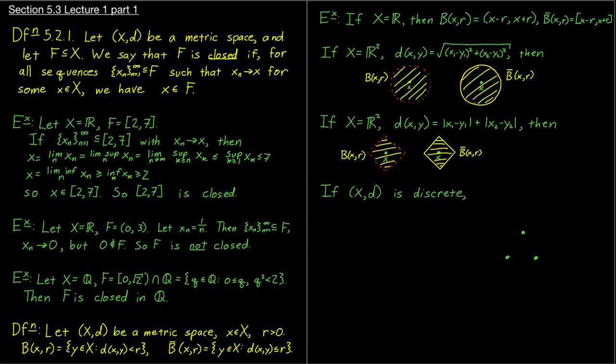Then a ball centered at this point of radius r is everything that's a distance less than r from this point. And you'll notice that if r is small, that's just this point. And if r is big, it's everything in the entire set.